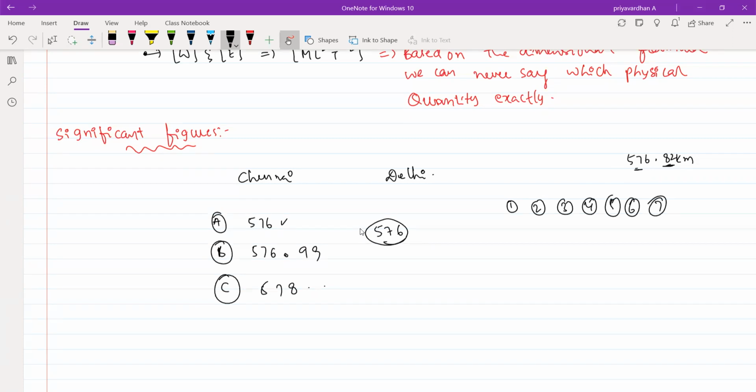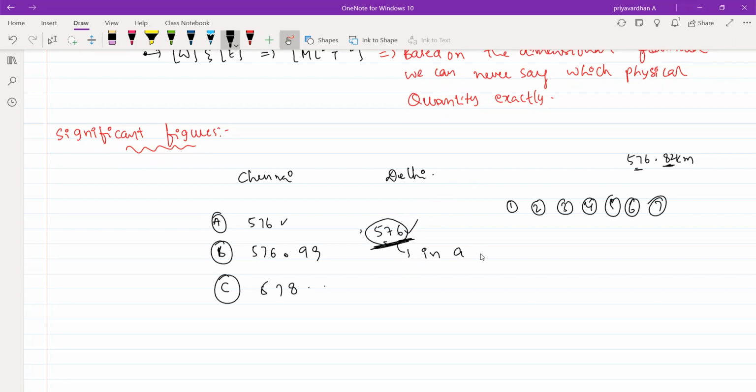So a quantity or a number which is more reliable and more certain. Whenever you are taking a measurement where you have more confidence about a number, that digit is known as a significant figure.